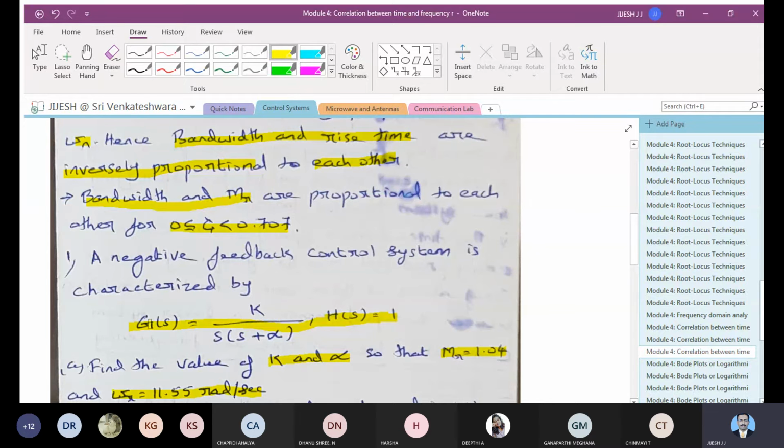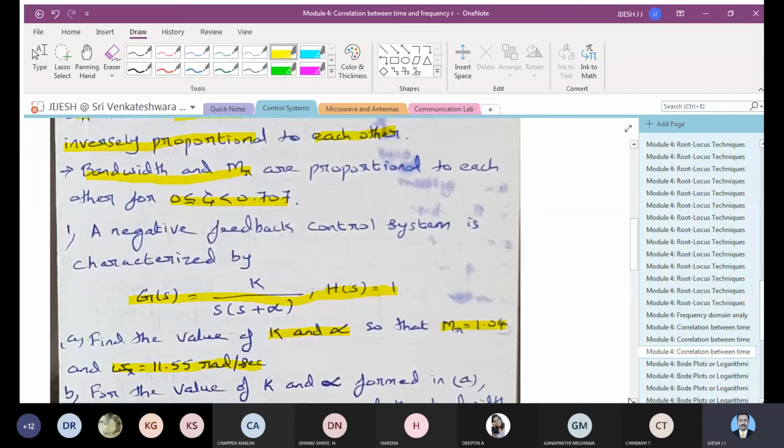G of S is equal to K divided by S into S plus alpha, and H of S is equal to 1. So G of S and H of S are given, and you have to find the value of K and alpha. The values given are MR is 1.04 and omega R is 11.55 radians per second.